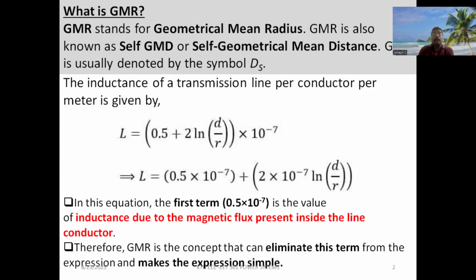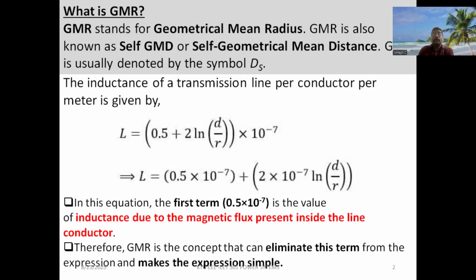Geometrical mean radius, as the name indicates, represents the radius of a transmission line. If more strands are there, then it is the equivalent geometric mean radius.